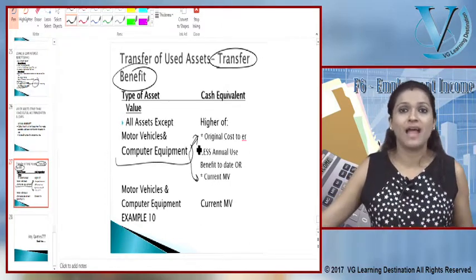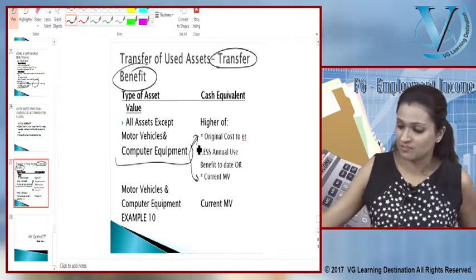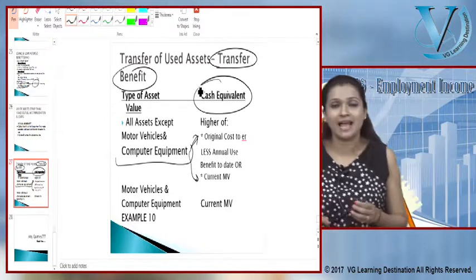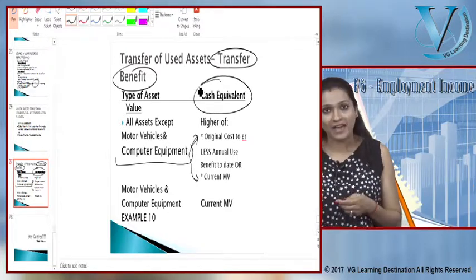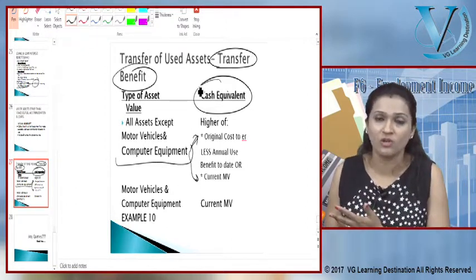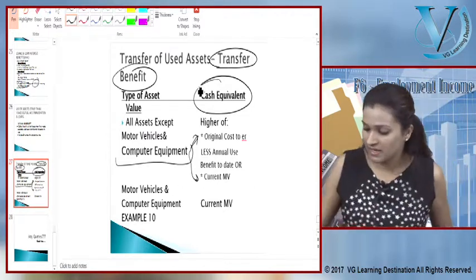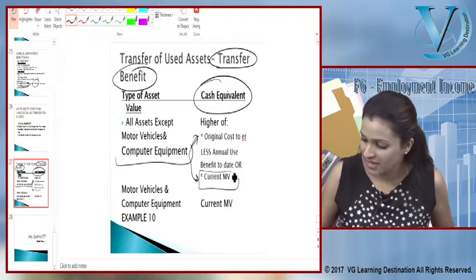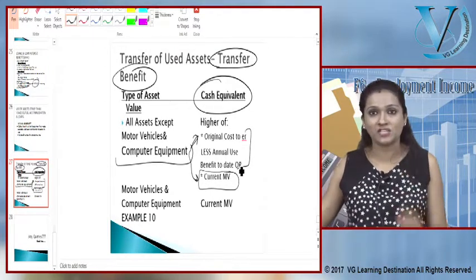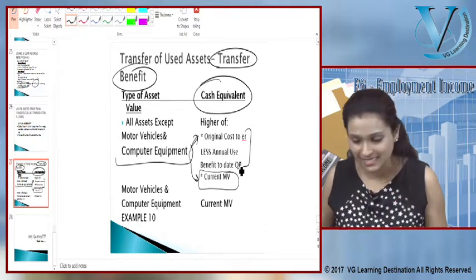So definitely you will have to pay tax on what is known as the transfer charge as well, which is basically you need to calculate the cash equivalent of the benefit that has come to you, which is going to be higher of what? Higher of the original cost to the employer less whatever annual use benefits you've availed during the life of the asset, or the current market value. Whatever is the higher of the two is what you're going to charge as a cash equivalent of the transfer benefit on the asset itself.